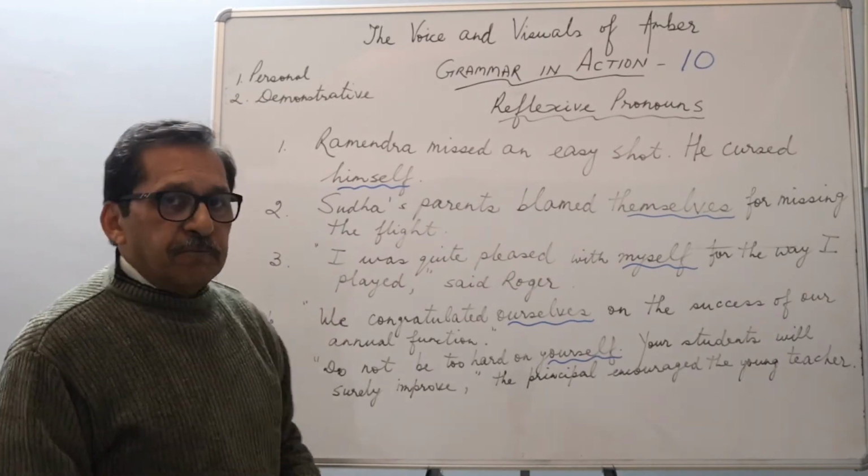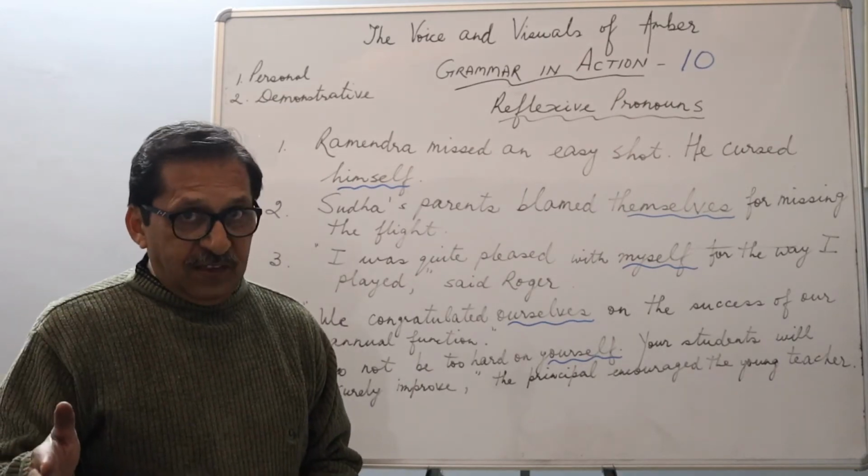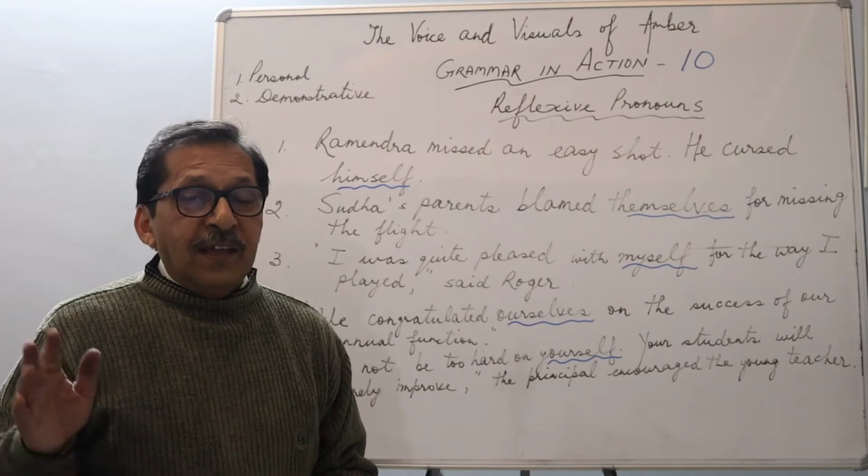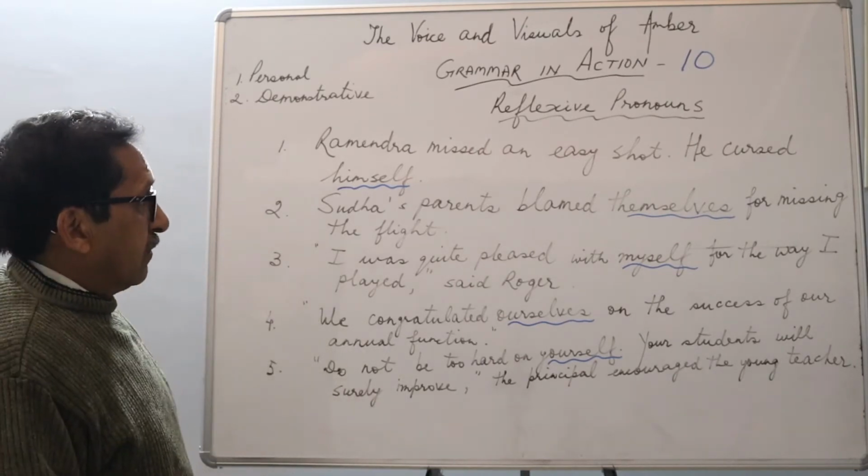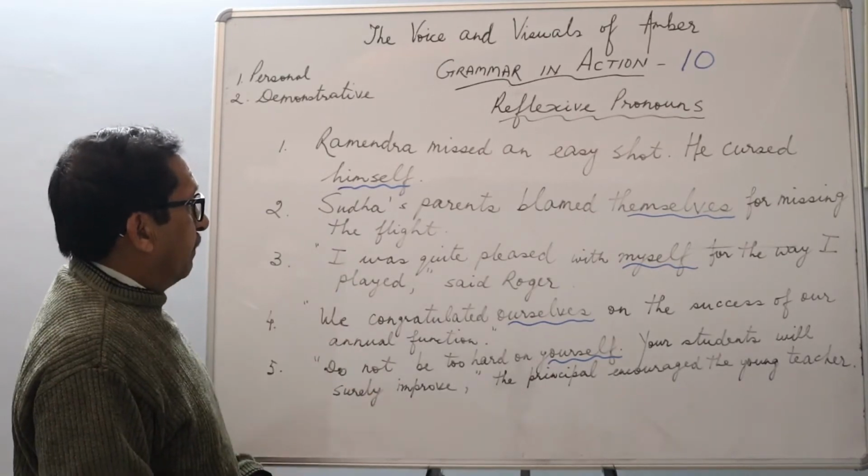Every reflexive pronoun ends with self: self for the singular number and selves for the plural number. So let's begin with the first example.